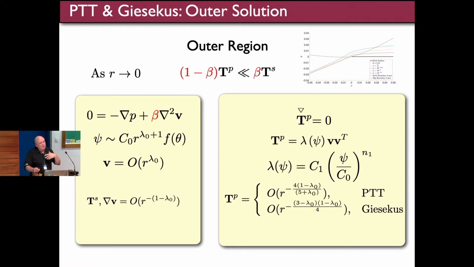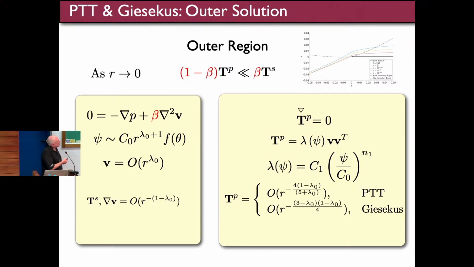In two of the cases, you run into contradictions very easily. So for the PTT and Giesekus models, it's the polymer stress that is negligible. That allows us to neglect it in the momentum equation, and so we get Stokes flow. Then we know what the velocity field looks like, and we have our velocity gradients with this singularity. Lambda naught is the first eigenvalue.